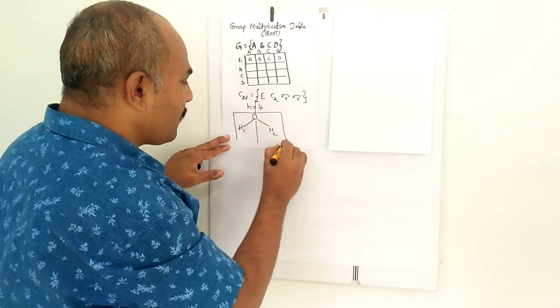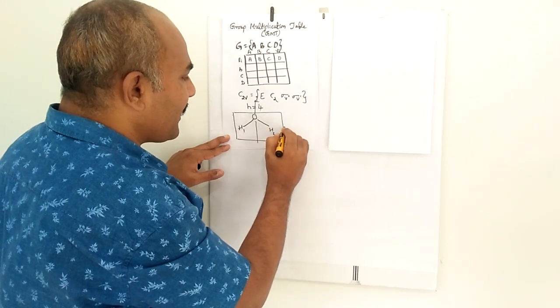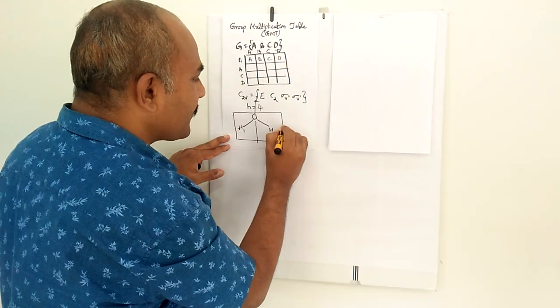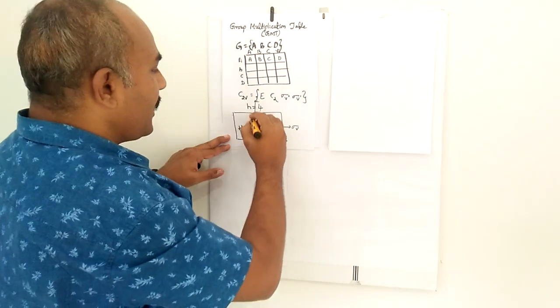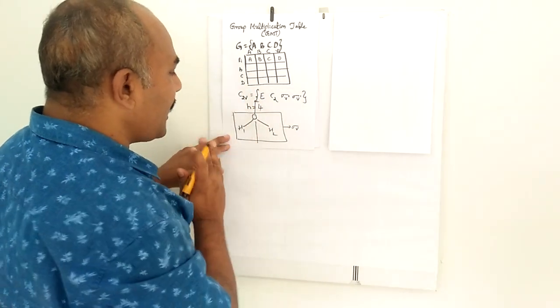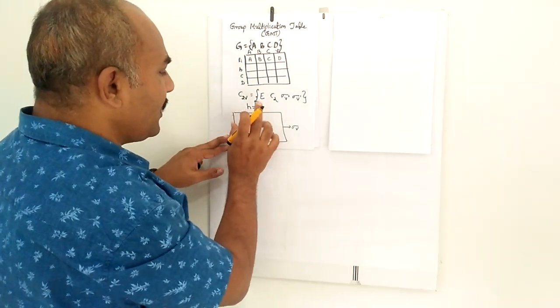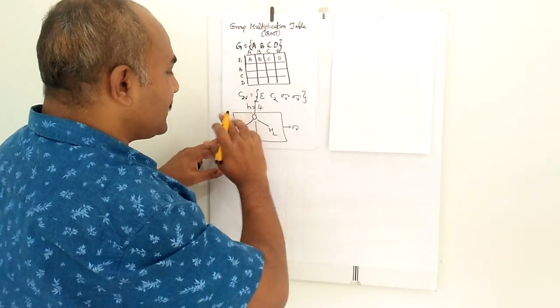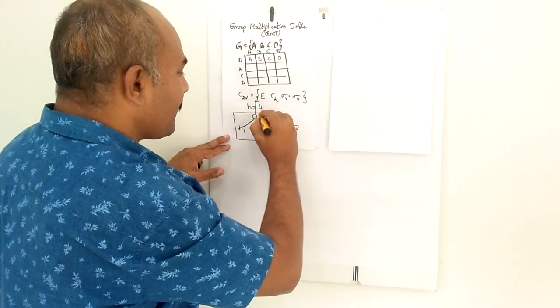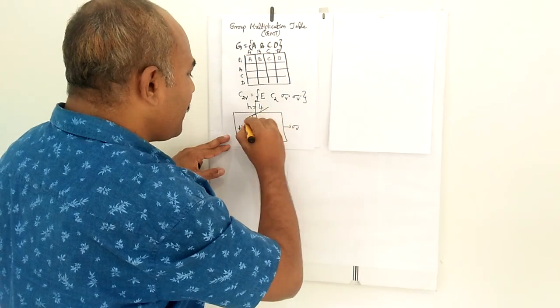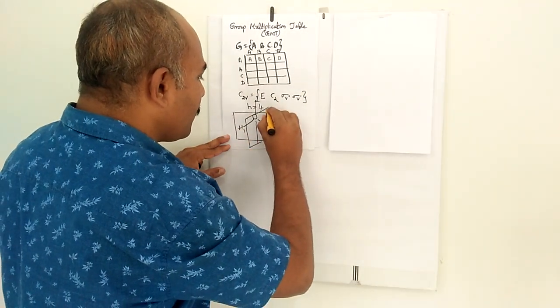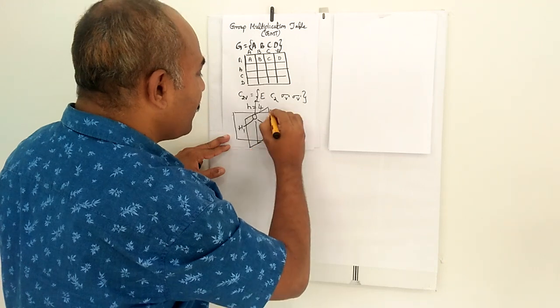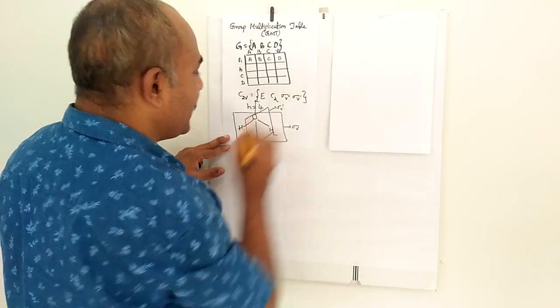One is the molecular plane, which we can consider as sigma v. Another vertical plane passes through the oxygen atom and bisects the molecule into 2 halves, with H1 and H2 apart from each other. That plane is the second plane, which we will keep as sigma v dash.